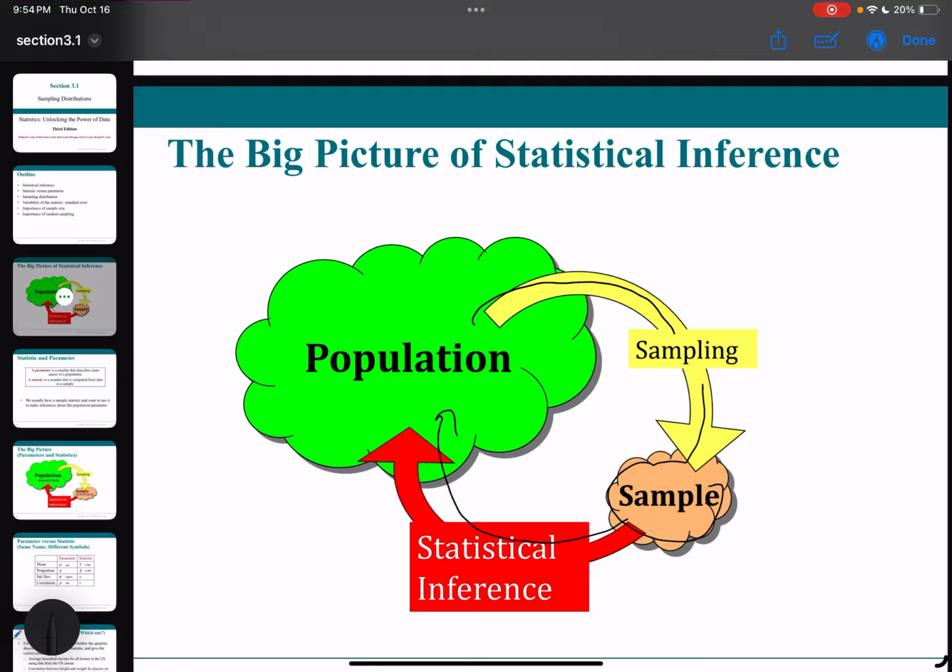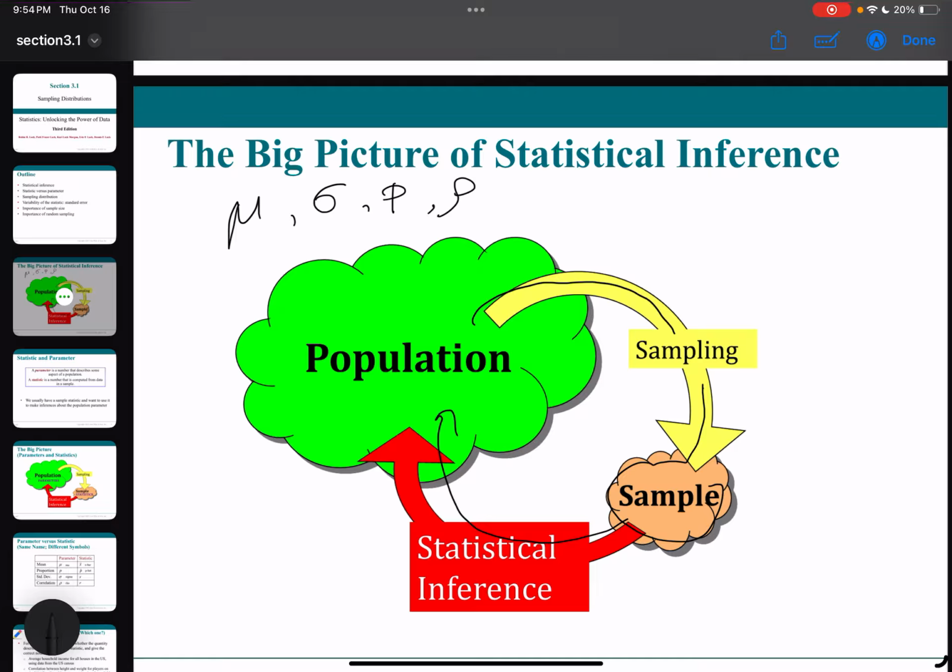For the population, in the upcoming slide we have the mean, which is mu; standard deviation, sigma; proportion, simple p; and correlation, rho.